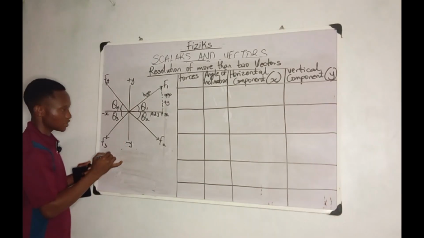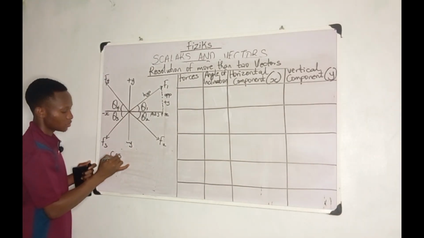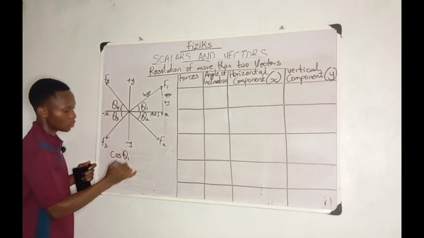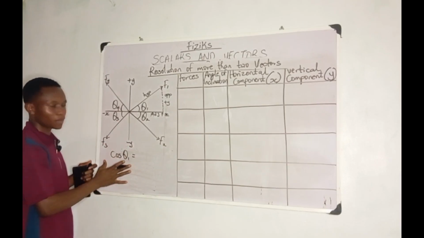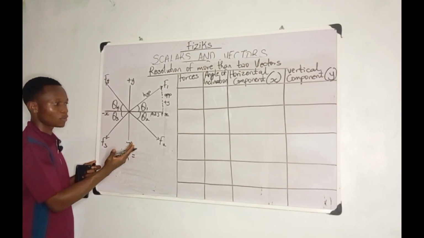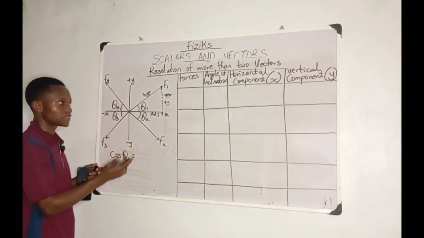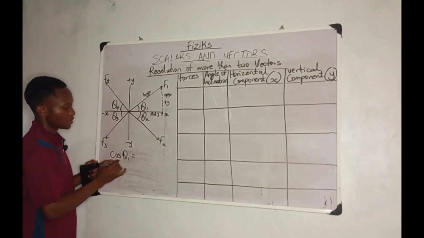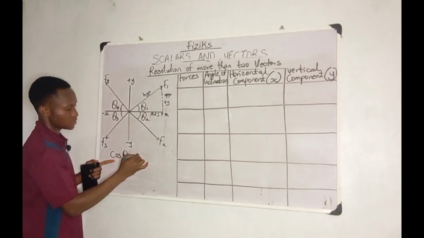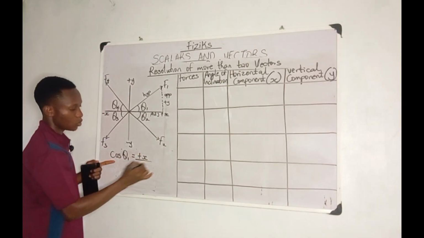So if I do that, I'll be having cos, because of adjacent, cos theta 1 is equal to... I'm not going to take all of them the way I'm doing it. I just want to do the first two or first three, and then you do the rest. Now let's go. If you come to this, what's your adjacent? It's positive x over, what's the hypotenuse? It's f1.